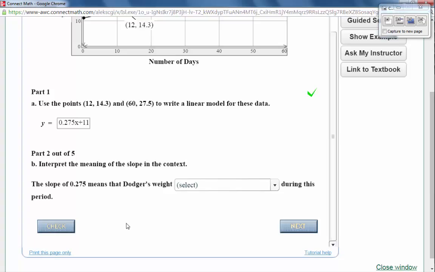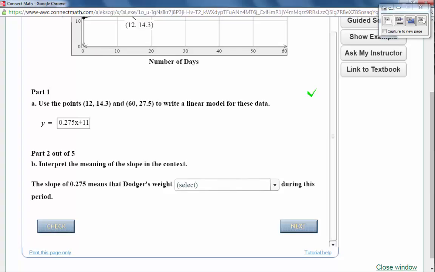What's the number in front of x in a slope-intercept form? This number? It's the slope. And they mention it here. Interpret the meaning of the slope in the context. What does this slope tell you? Doesn't slope tell you how much your line goes up or down in every second or whatever the unit is on this picture?